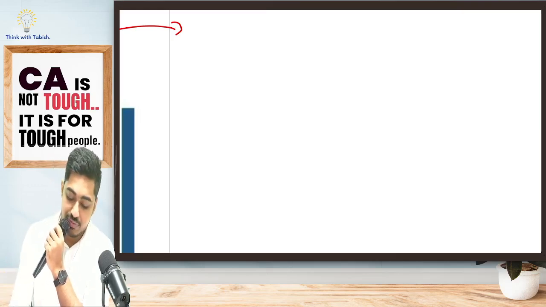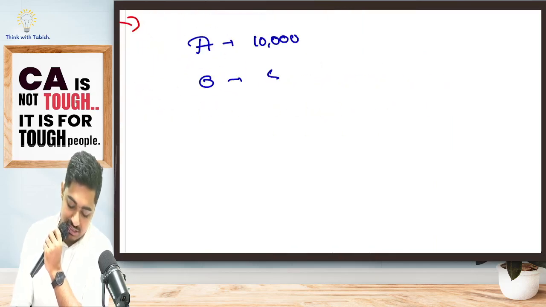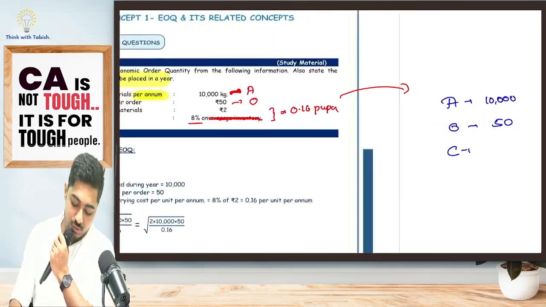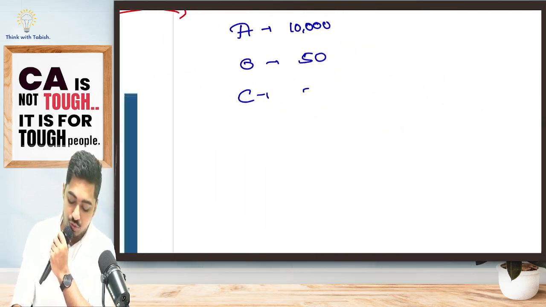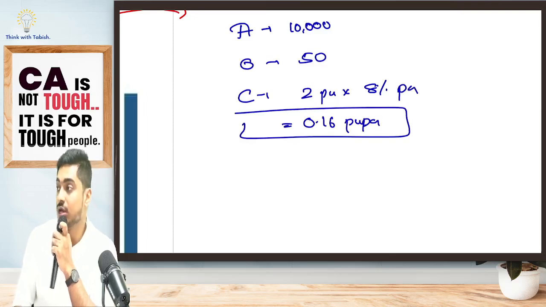Is this clear, everyone? Tell me, A, annual demand of raw material, is 10,000 kg. O, ordering cost per order, is how much? 50 rupees. C, carrying cost per unit per annum. Every unit, at what price are you buying? 2 rupees per unit into 8 percent per annum. So is it 0.16? Yes or no, everyone? Perfect.